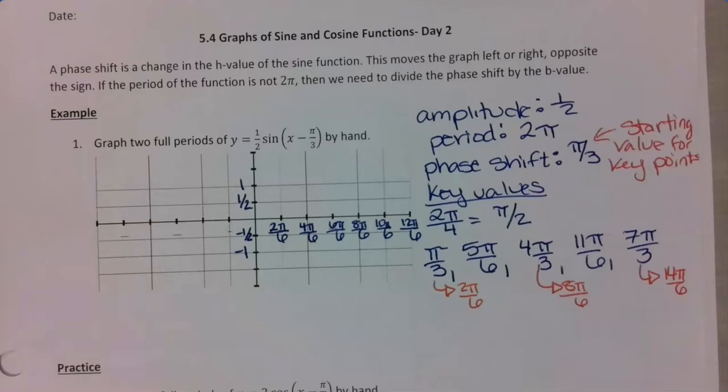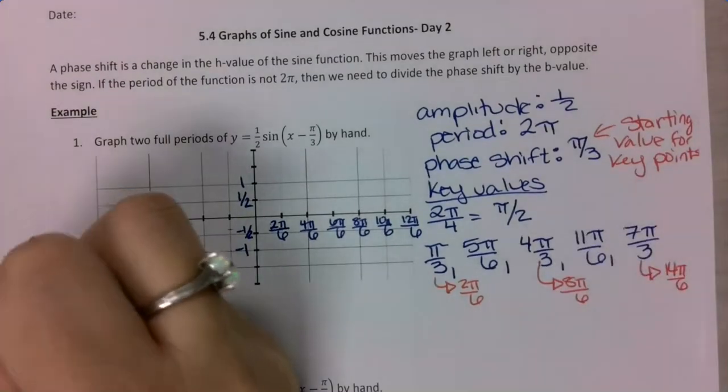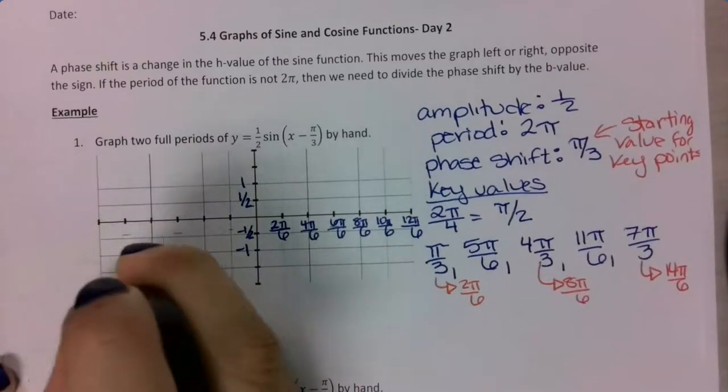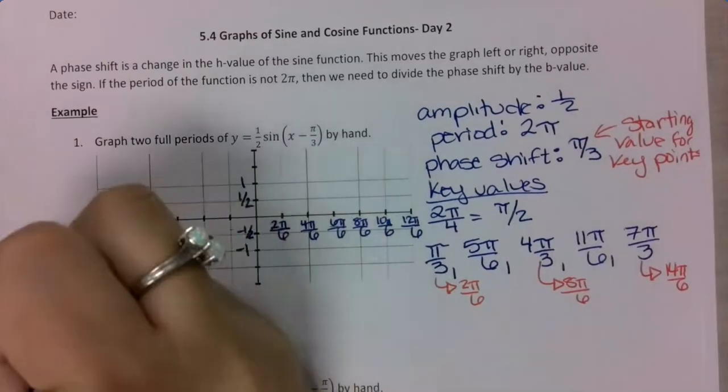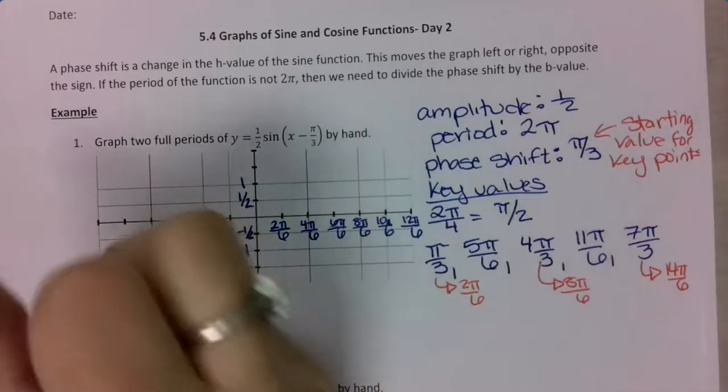Okay. So now I'm going to go ahead and plug these into my calculator. I'm going to be typing in 1/2. And the first value I'm plugging in is pi thirds.